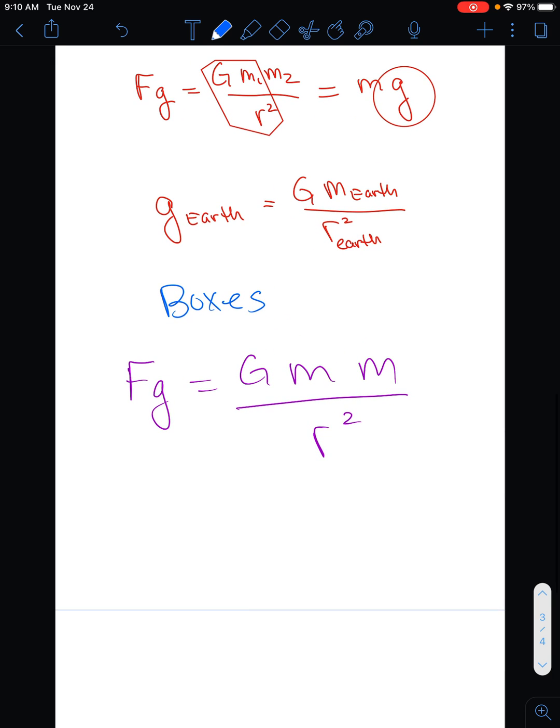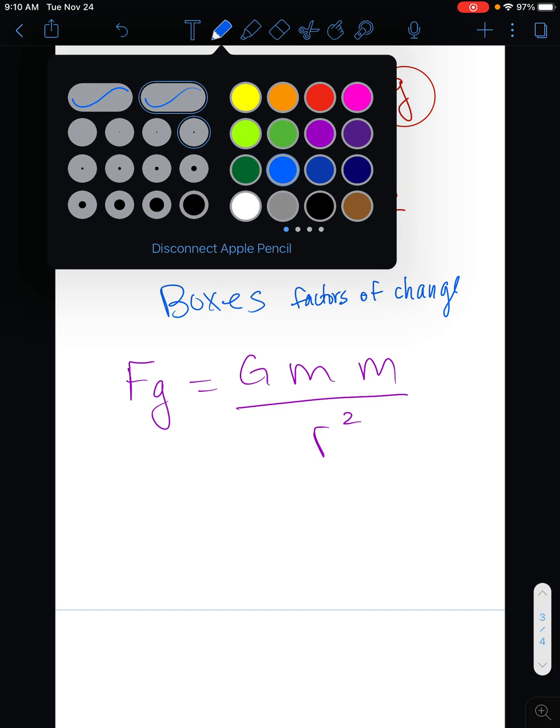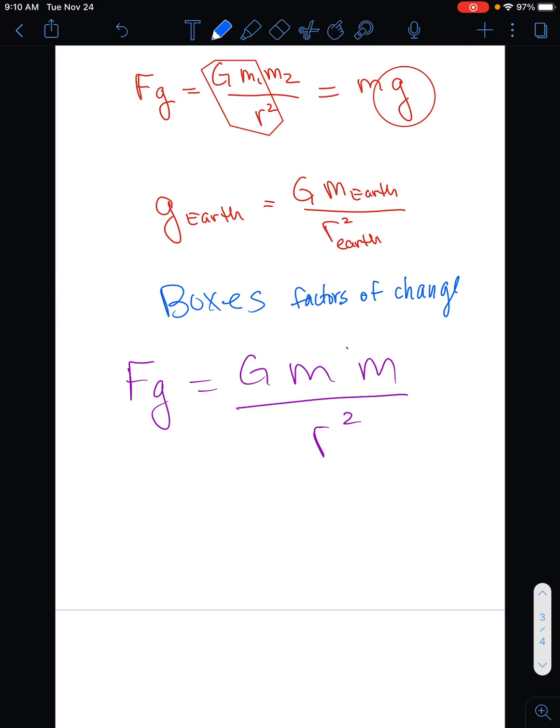When we're talking about factors of change, we put a box in front of each variable. And really, when we're putting these boxes in front of each variable, we'll say that whatever you do to the mass, you're going to do the same thing to the force of gravity.